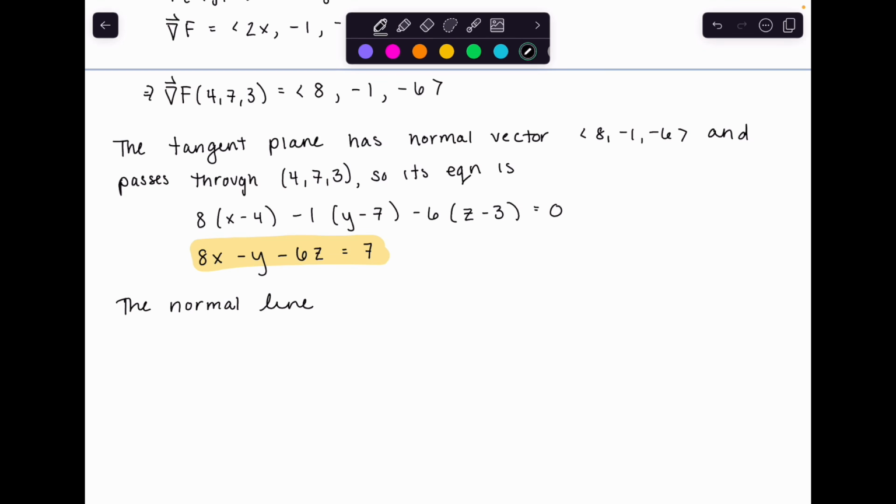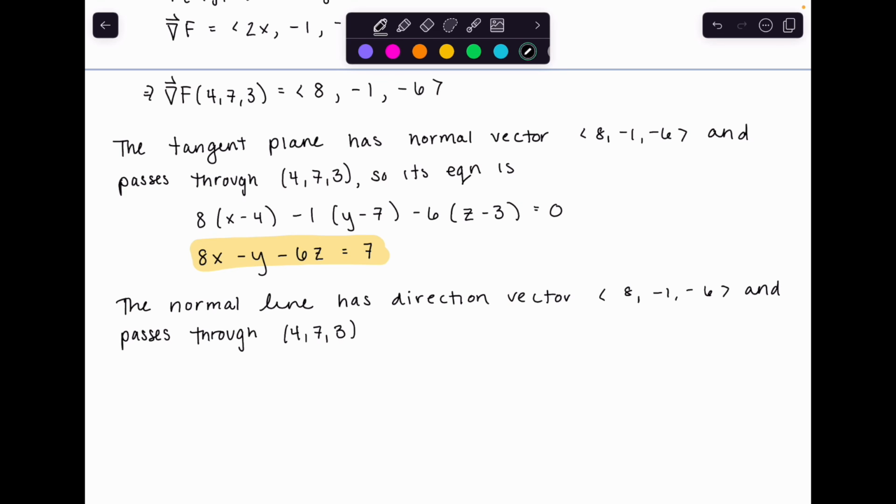So the normal line has direction vector (8, -1, -6) and passes through (4, 7, 3). So its equation is the following.